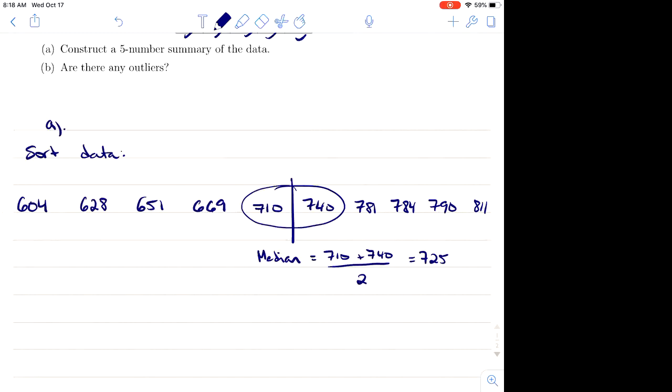So that's when we move one to the side, but now we just move one to the side of the line so we can start at 710 to find our first quartile. And you saw that on assignment 1. So 710 and 604, booping in, boop, boop, boop. So Q1 is 651.